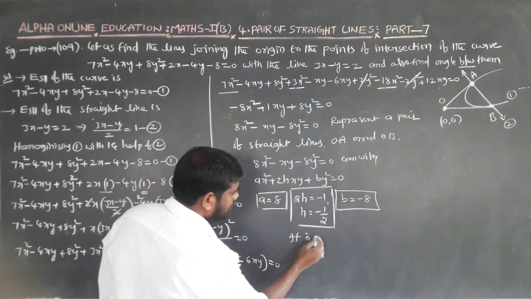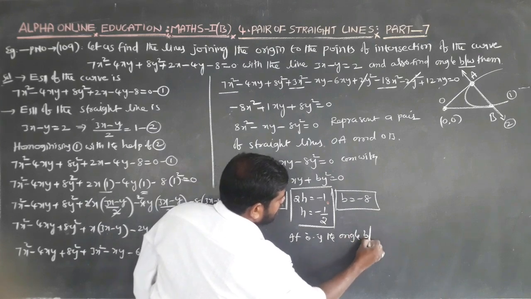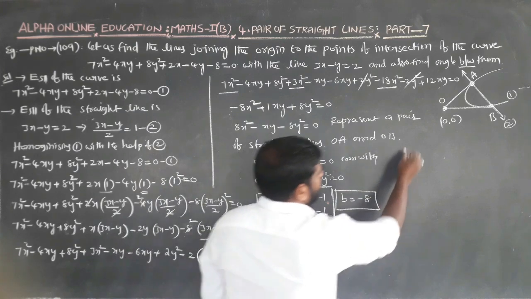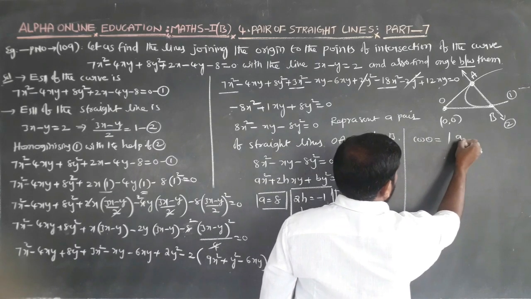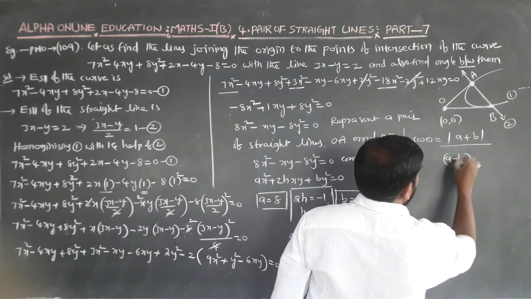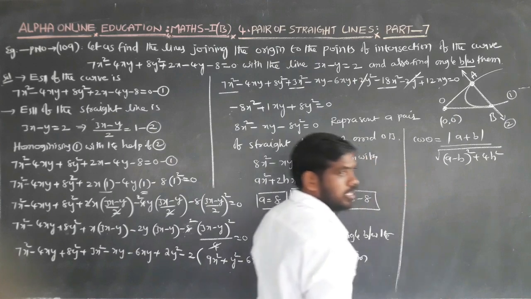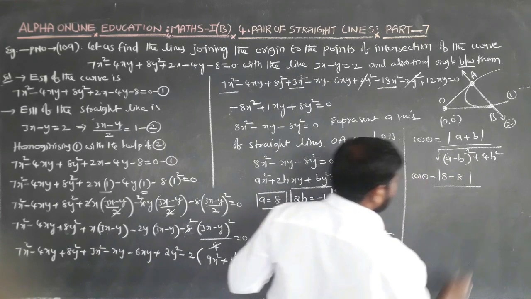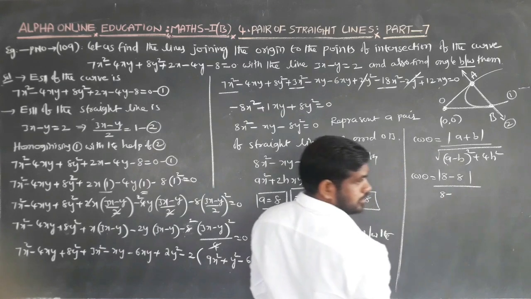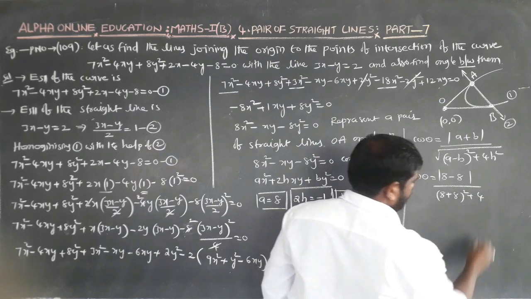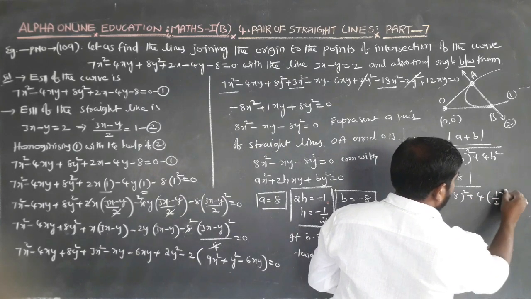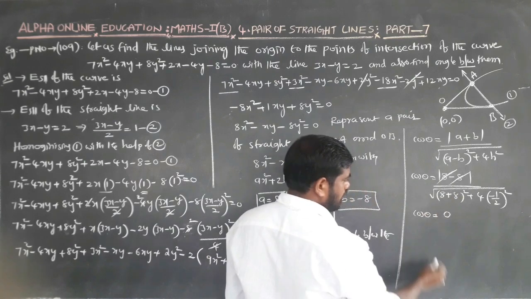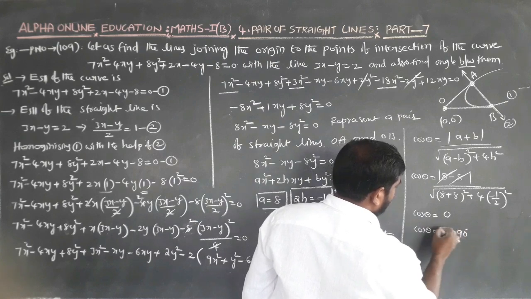If θ is the angle between the two lines, then cos θ = |a + b| / √((a − b)² + 4h²). Here a + b = 8 − 8, which cancels to 0, and (a − b)² = (8 + 8)² plus 4 into (−1/2)² under the root. So cos θ = 0, which means cos 90°.